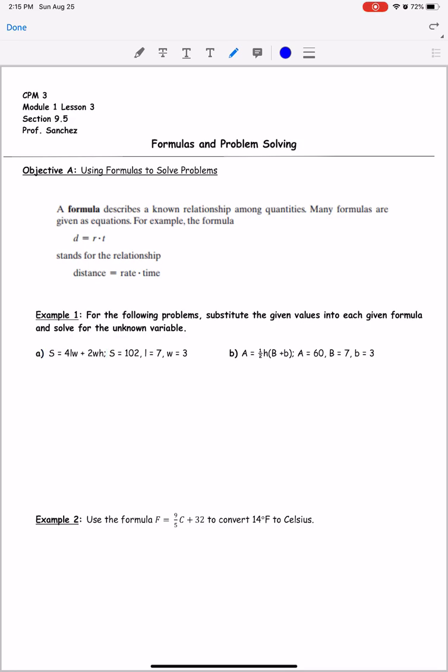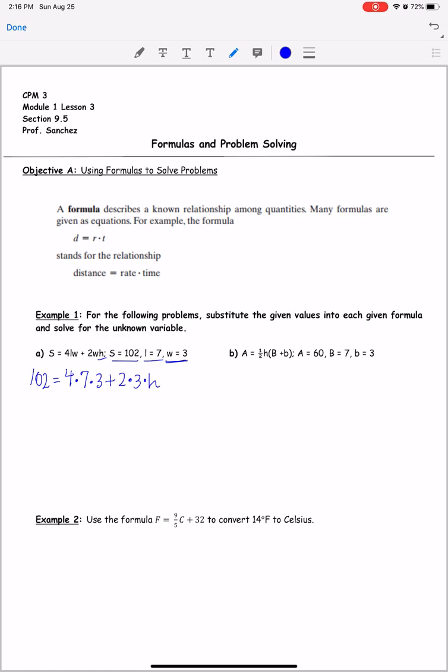So 102 equals 4 times L, which is 7, times W, which is 3, plus 2 times W, which is 3 again, and then my H, which I don't know, so I'll just bring that down.